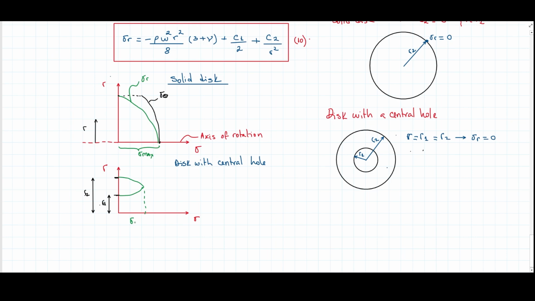That it is not necessarily located at the average of both of them, meaning that this is not necessarily the average of those two elements there. And then the circumferential stress is going to do something like this. Circumferential stress, and this is the radial stress.